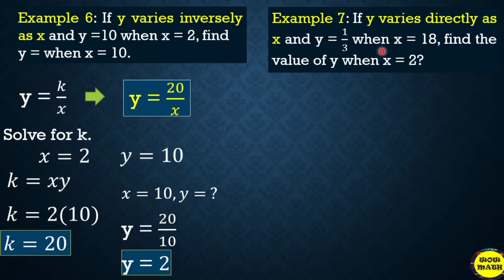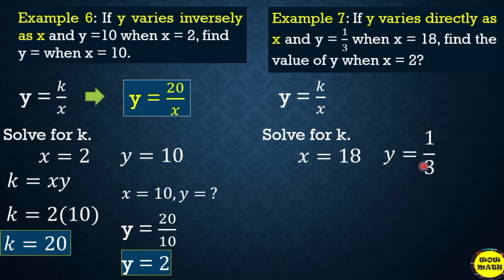Para masagutan natin to, makuha natin yung value ng y. Same process dito sa example number 6, that y is equal to k over x. First, we need to find the value of the constant by multiplying the value of x and y. So x is 18, y is 1/3. Kukunin ng constant by multiplying, then substitute yung value ng x and y.